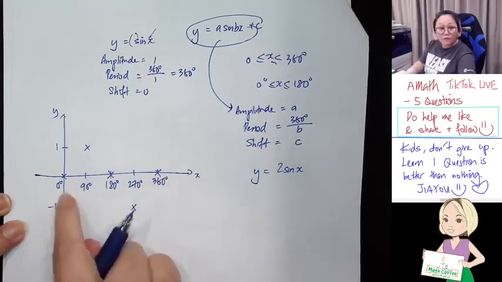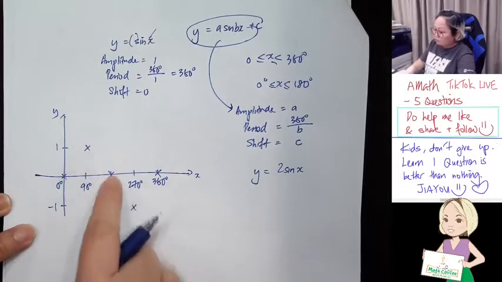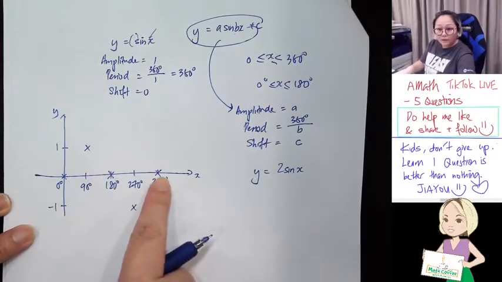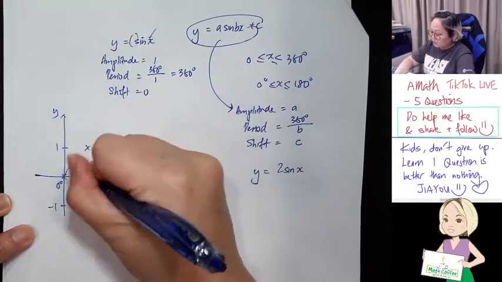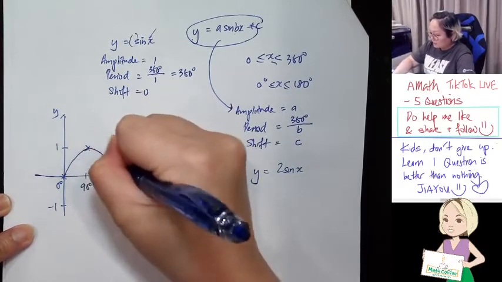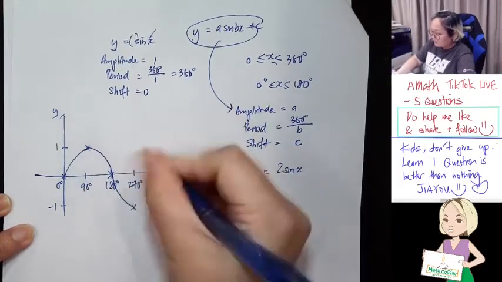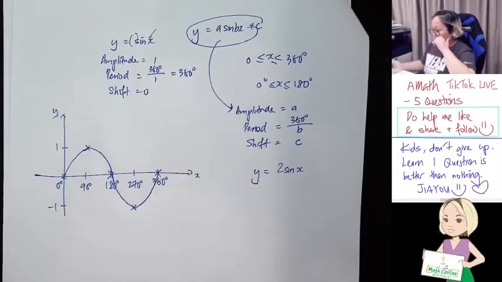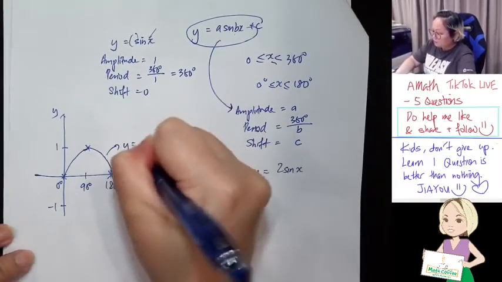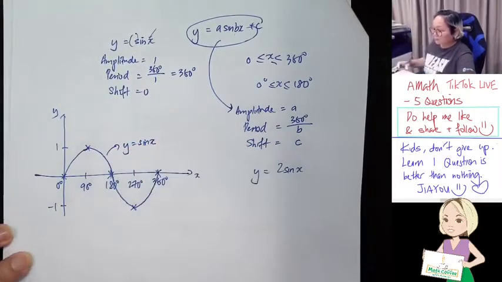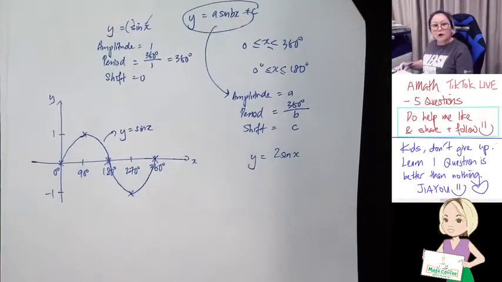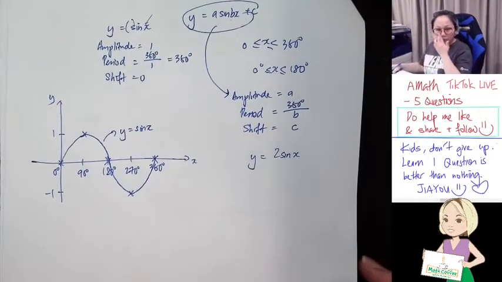These are the 5 critical points I mentioned: 1, 2, 3, 4, 5. Then just draw the shape freehand. So this is how you draw the sine graph. Next, of course, label it: this is y equals sine x, the normal sine graph.